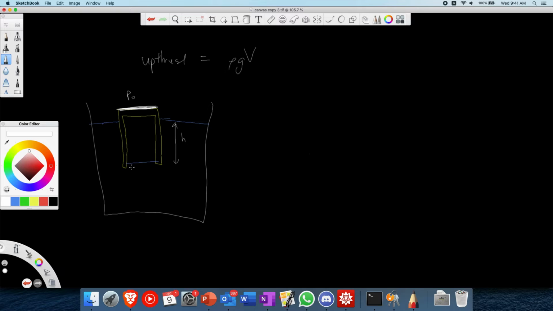On the bottom surface, remember that this is air, this is liquid, and this yellow part is a solid. The pressure on the bottom part over here, at the air and liquid interface, is equal to P0 plus rho gH.